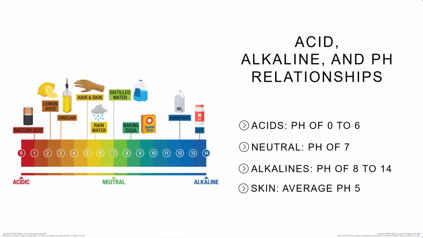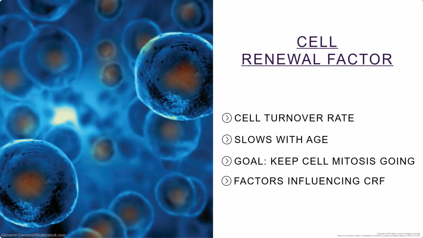If something's a little bit too alkaline, they may add a little bit of citric acid to make it a little bit more acidic, so it's not completely off the scale of where our natural skin pH is. Our cell renewal factor, or you may have heard it as our cell turnover rate, is the rate of cell mitosis and migration from the dermis to the top of the dermis.